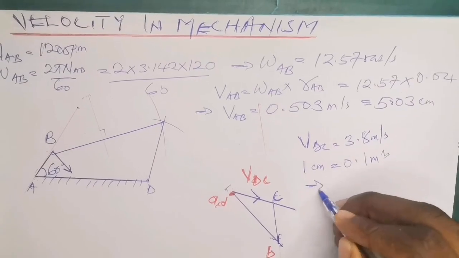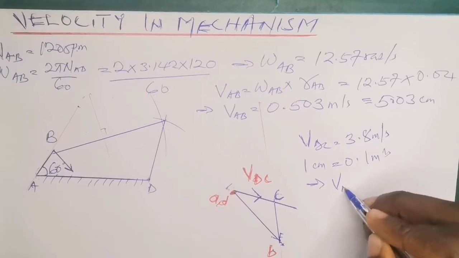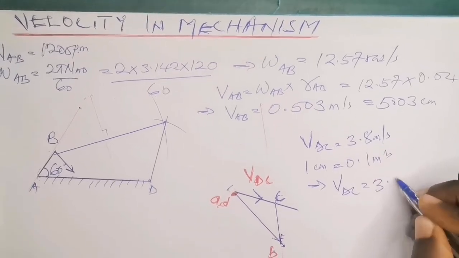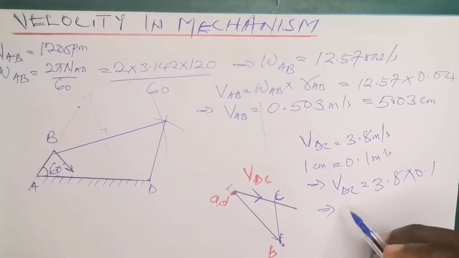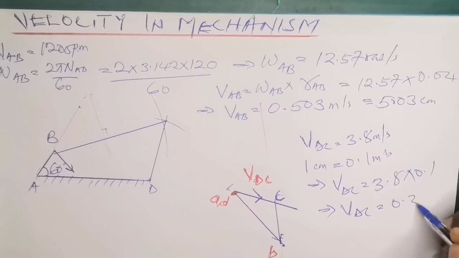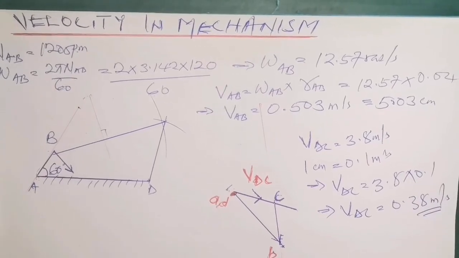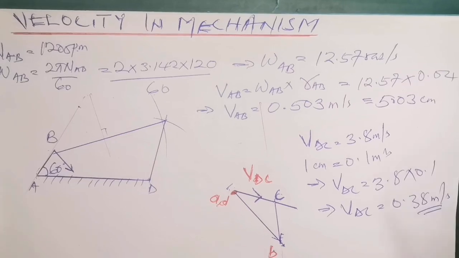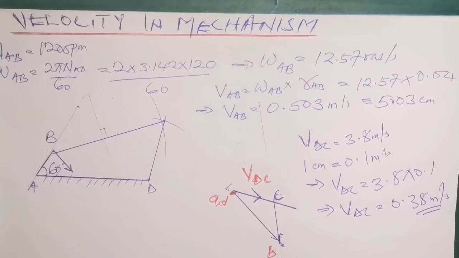This simply implies that the velocity along DC is equal to 3.8 multiplied by 0.1, which means VDC is going to be equal to 0.38 meters per second. So this becomes the velocity along D to C.